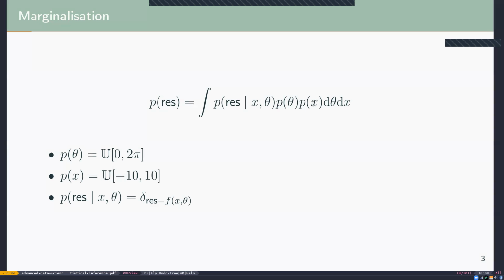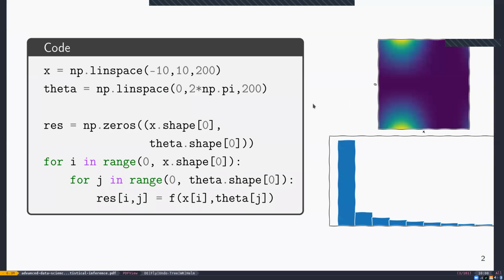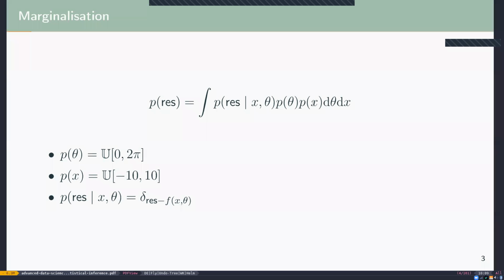So I pick in an x and a theta, and I get an output value out. And then I have these two things which I'm integrating over, which is picking all the values, chucking them through that function, and I get something out on the outside.